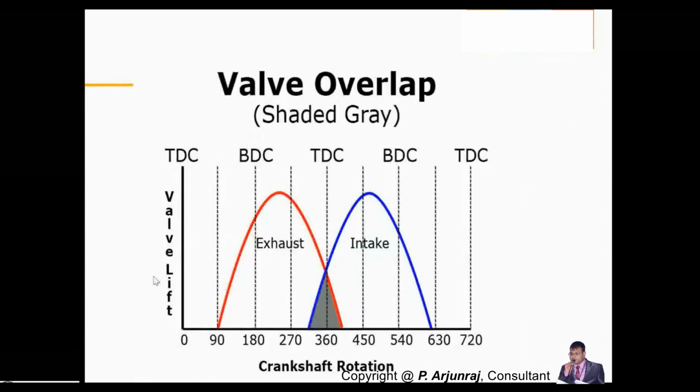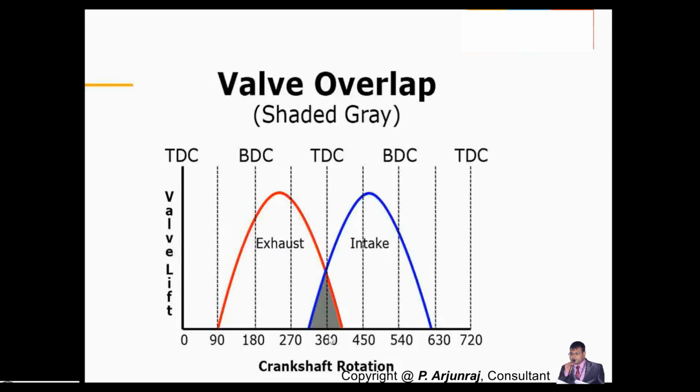Valve overlap will happen only in the case of a 4-stroke, whereas you don't have a system called port overlap in the case of the 2-stroke engine. Even though overlap is also applicable for a 2-stroke engine, normally we don't have the valves there, and we are going to concentrate more on the 4-stroke engine with respect to the valve overlap.